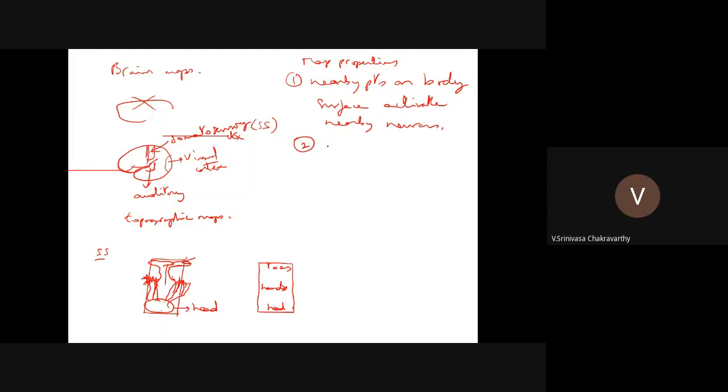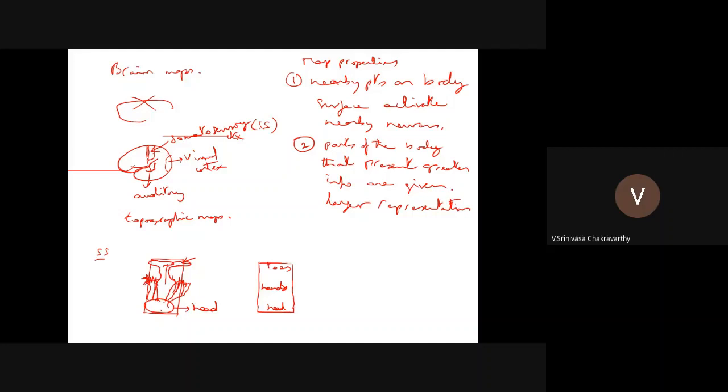And secondly, parts of the body that present greater information to the brain are given larger representation in the map. What does that mean?